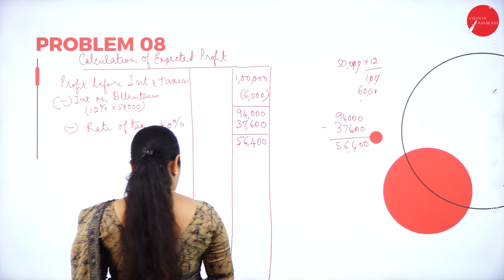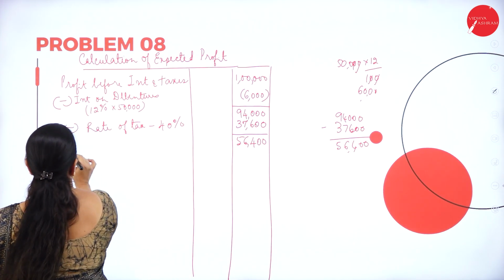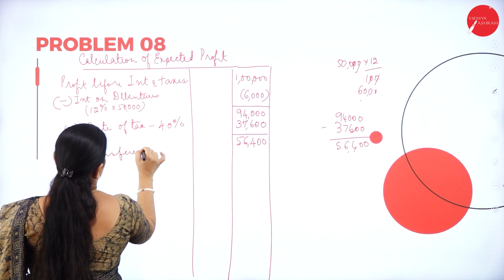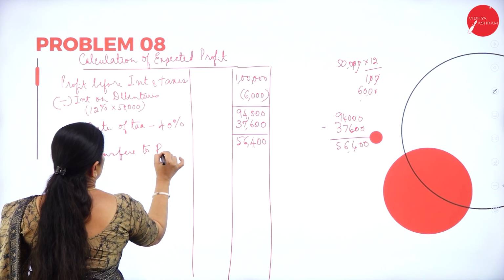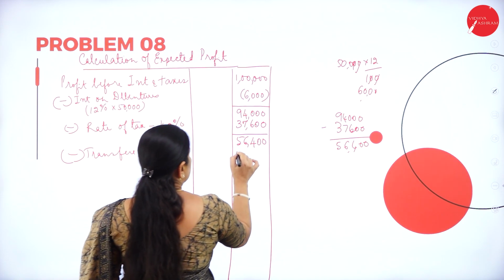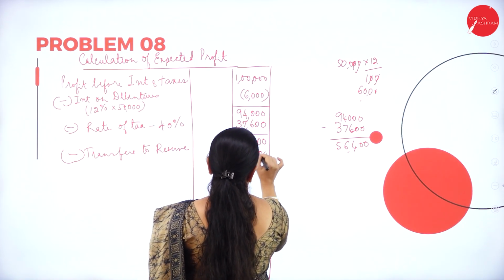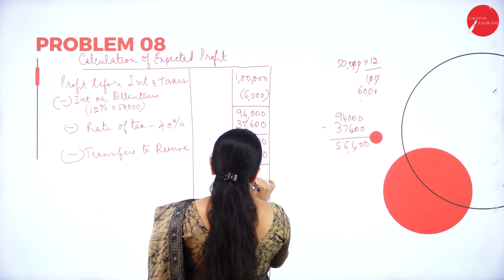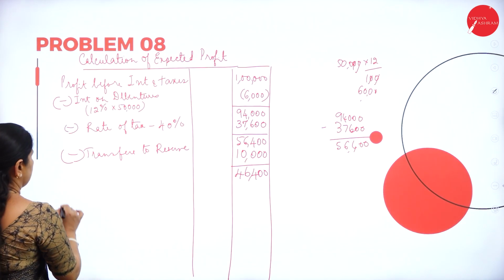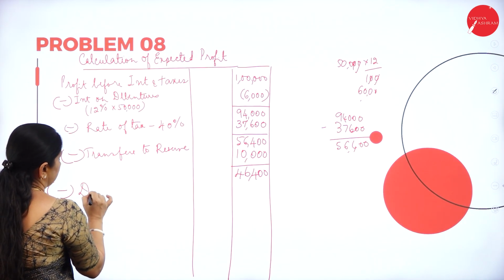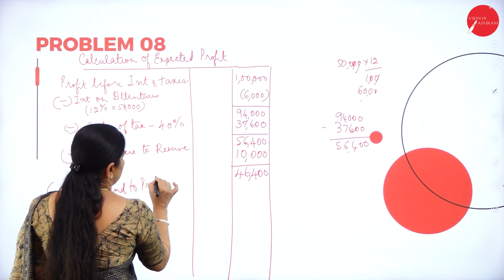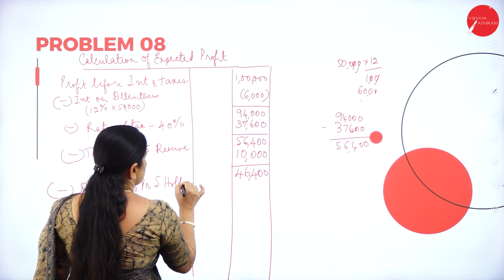Then from this we deduct less transfer to reserve. Transfer to reserve 10,000. So we get 46,400. Then less dividend to preference shareholders.